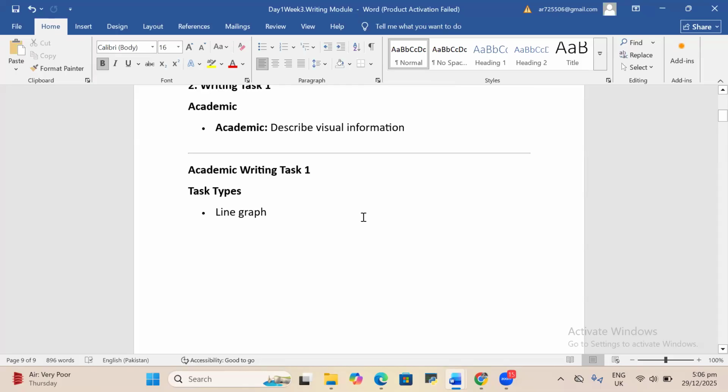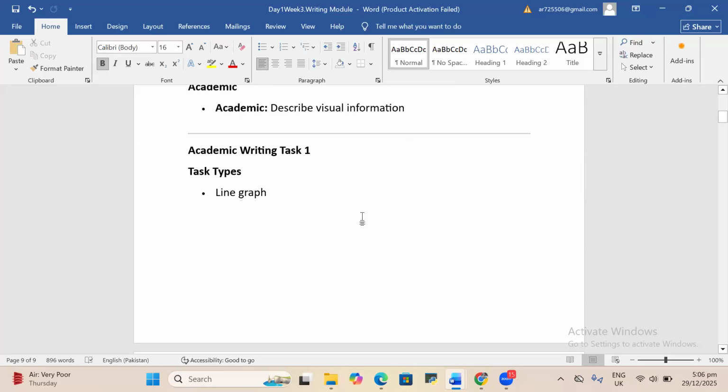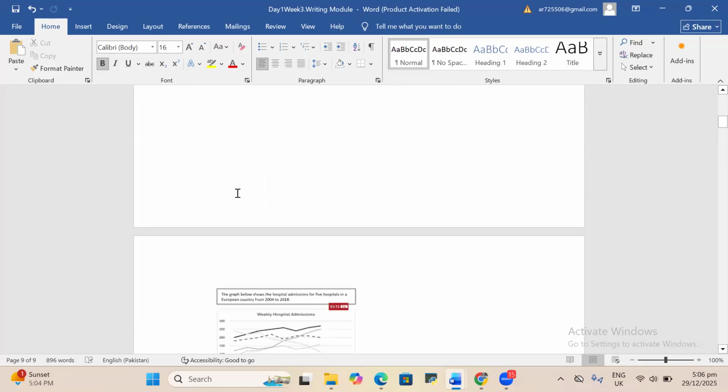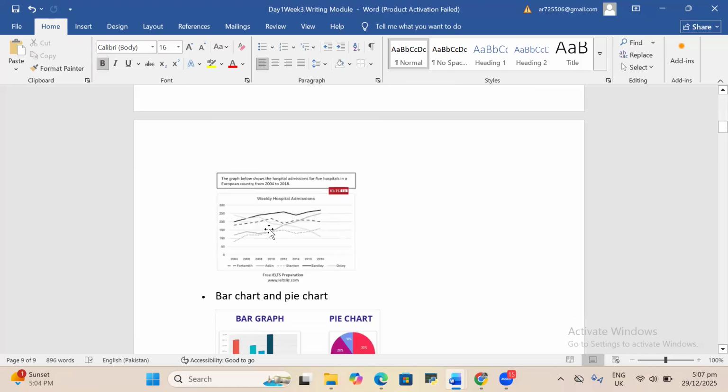Basically, we have five types of writing task 1 question. The first one is the line graph, and you can see this type of question in your exam.